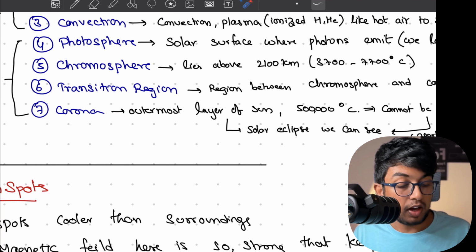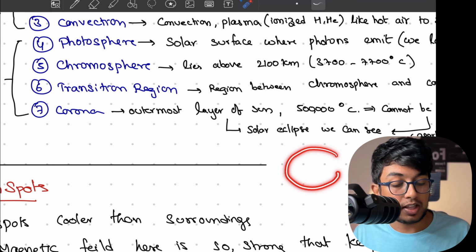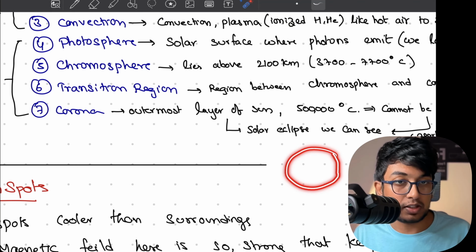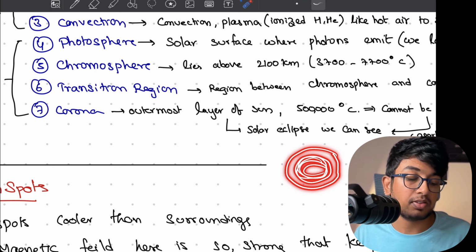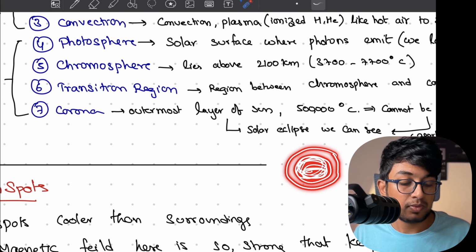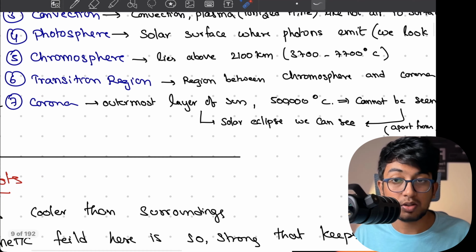So either the shadow of the earth falls on the moon, the lunar eclipse, or the moon covers the sun, the solar eclipse. That time you can see the corona.